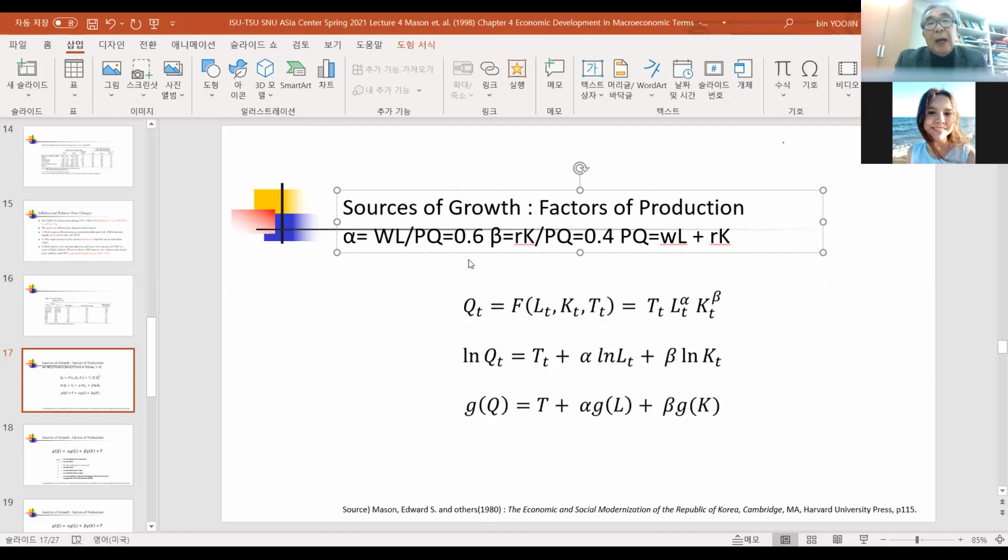In other words, out of total GDP, for example, if the Korean economy has alpha 0.6, beta 0.4 means people in the form of labor cost are taking about 60% of total income. About 40% of income goes to capital income. See? So if you, for example, from this last expression, divide by PQ, then it should be 1.